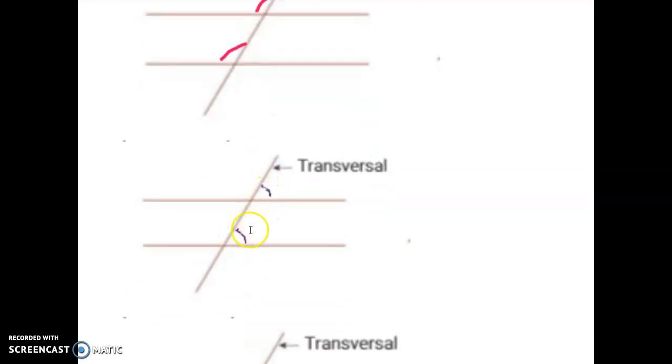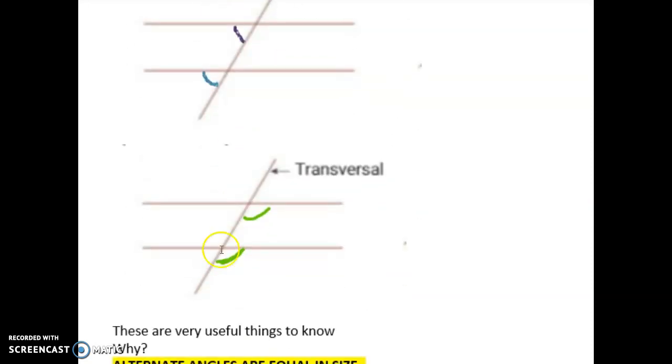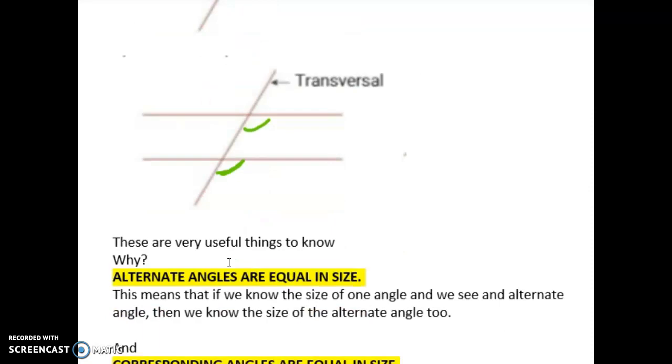In this one, the pair of corresponding angles are above the parallel lines and to the right of the transversal. In this diagram, our two corresponding angles are below the parallel lines and to the left of the transversal. And in this one, our two corresponding angles are below the parallel lines and to the right of the transversal.